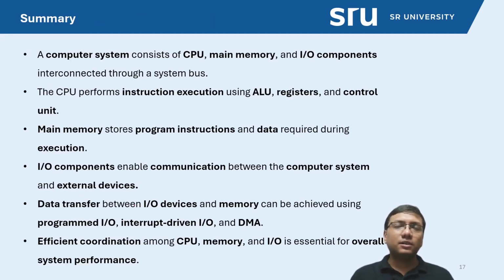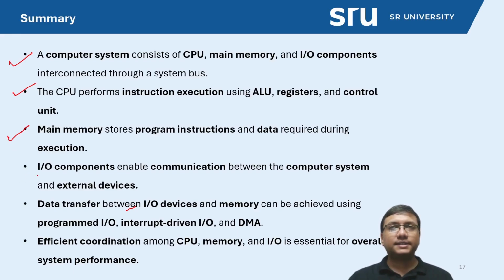So this was all about the basic introduction to CPU, memory and IO devices. We learned that a computer system consists of CPU, main memory and IO components, and they are interconnected through a bus. The CPU performs instruction execution through ALU, register and control unit. We also learned that the main memory stores program instruction and data that is required during execution.